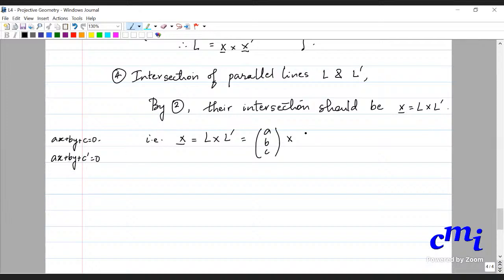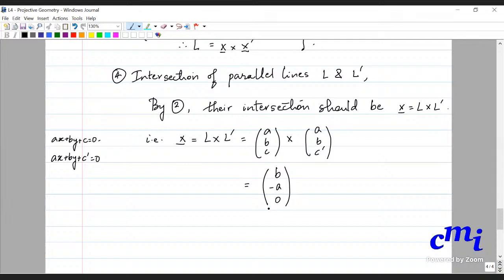So L prime is going to look like A, B, and some C prime because these lines are parallel. Now you can take the cross product of these two vectors and check that this comes out to B, minus A, 0. You take the cross product like you did in school, with I, J, K, A, B, C, A, B, C prime. This is what you will get.